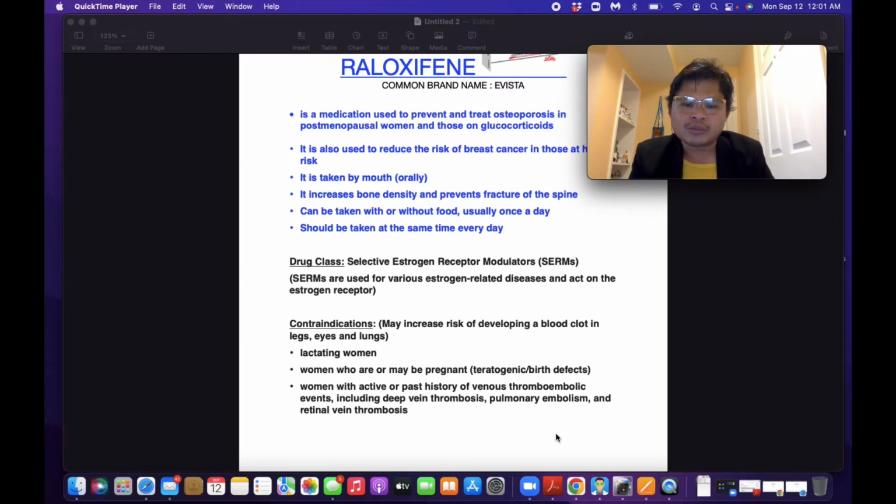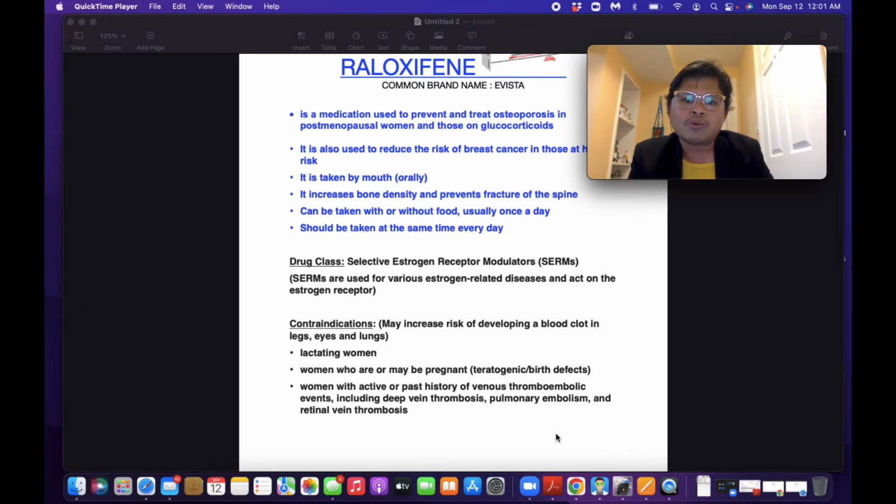That's why healthcare providers really need to assess patients who are having venous thromboembolic events like deep vein thrombosis, pulmonary embolism, retinal vein thrombosis, and so much more. They are not given Raloxifene because it increases the risk of developing a blood clot. So just remember that. Raloxifene increases the development of a blood clot.